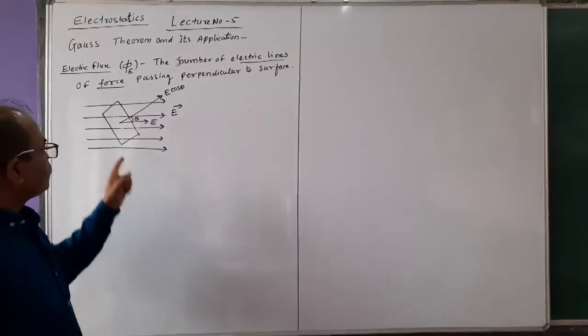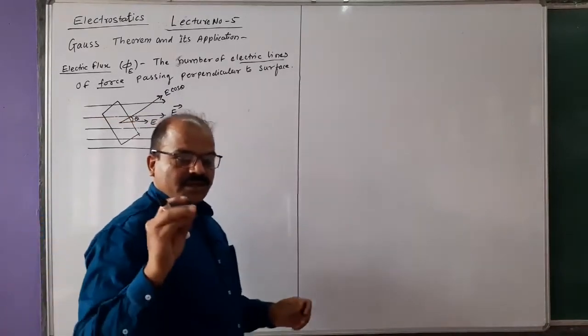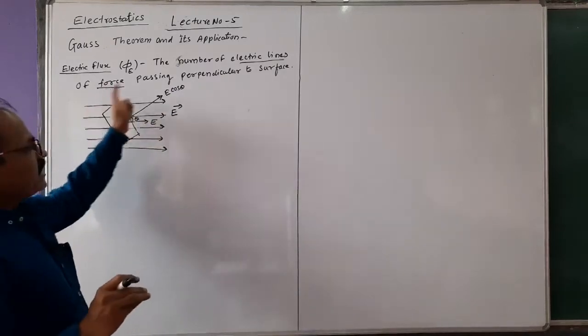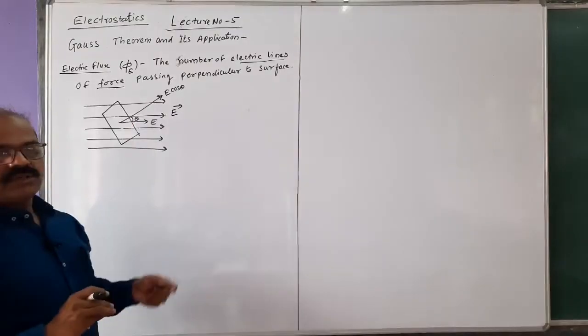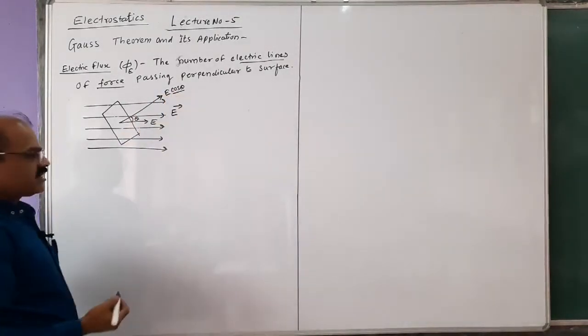So when a surface is placed inside the electric field, the number of electric lines of force passing normally to the surface along this direction is known as electric flux.